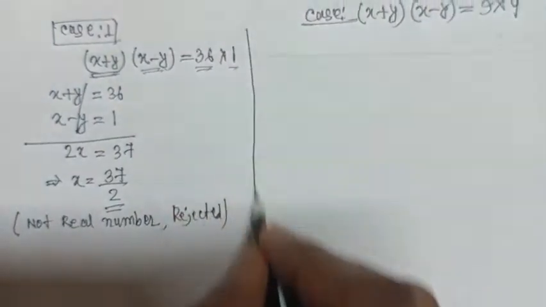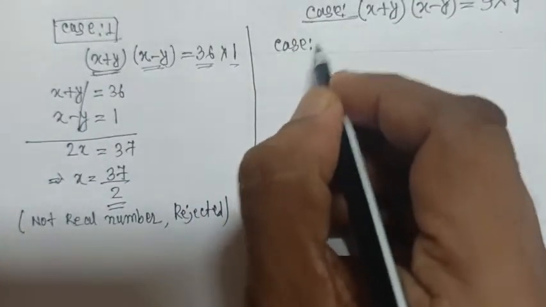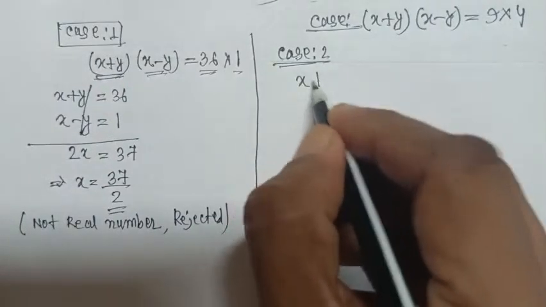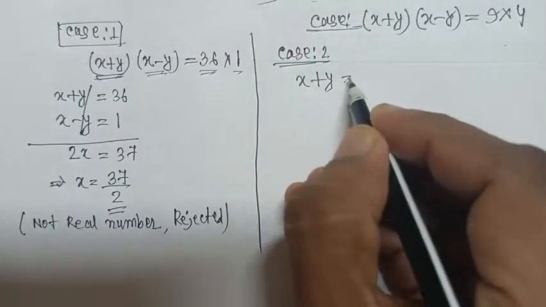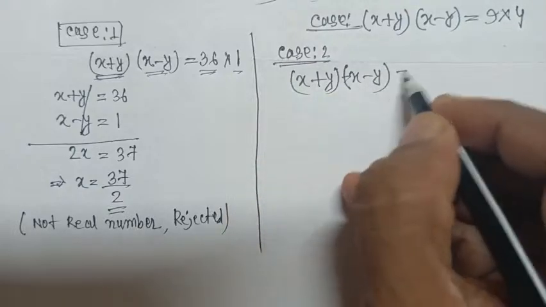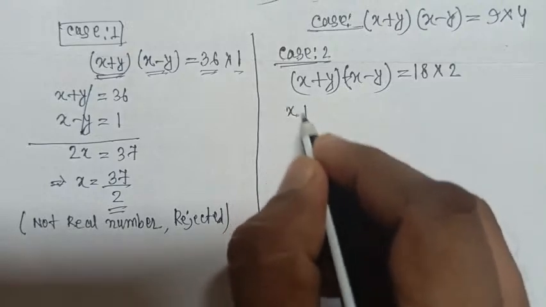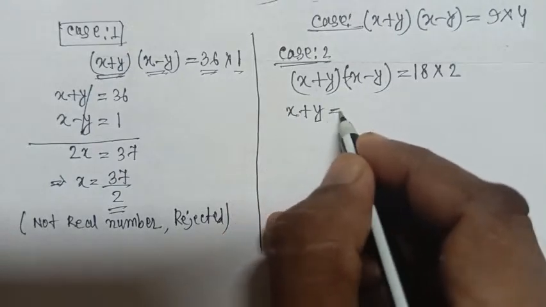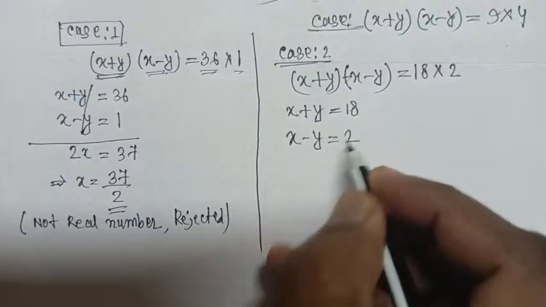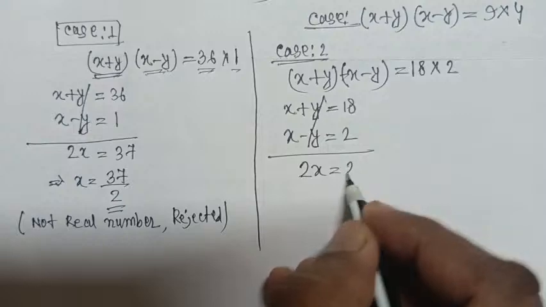Same for case 2. Here we got x plus y into x minus y as 18 cross 2. So we can write x plus y is equal to 18 and x minus y is equal to 2. If we add, y will cancel out. We get 2x is equal to 20.